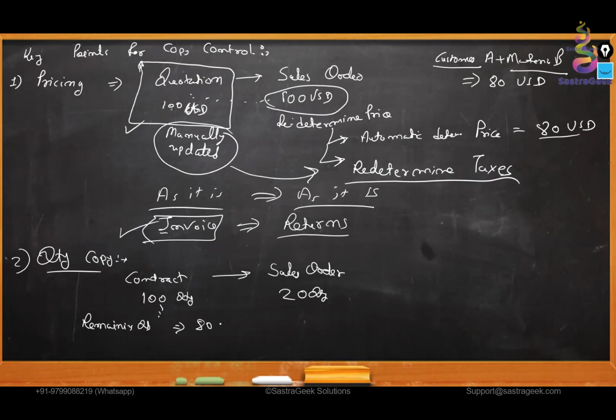That means the effect of copying from a contract to the sales order is negative for the quantity. Sorry, positive for the quantity. From a behavior point of view, we call it positive. That means positive from the point of view that the sales order has got that quantity. And that's why it is considered a positive quantity.